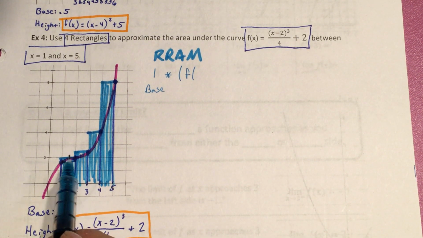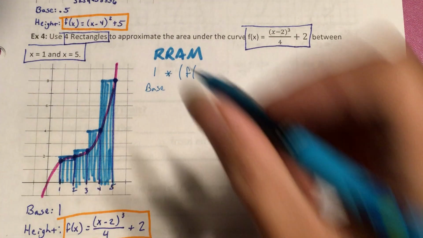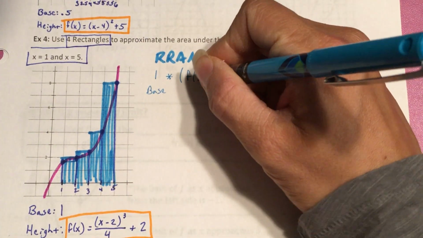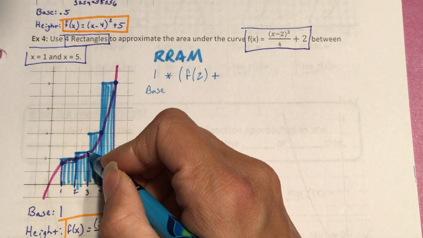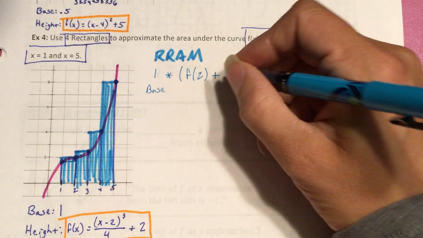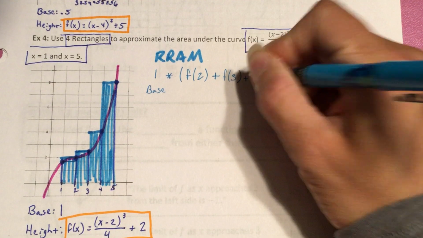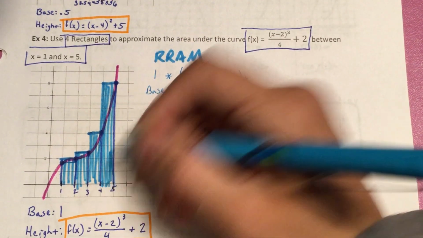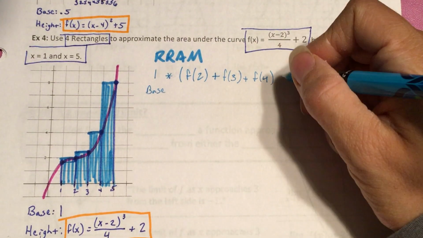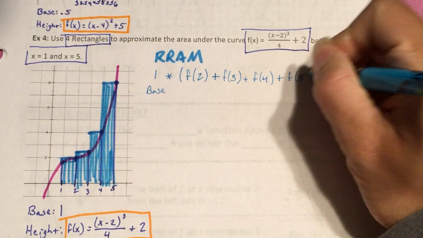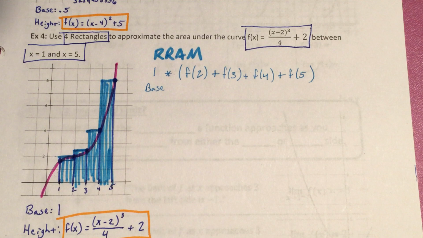So our first height actually comes from this point, which would be f of 2. Our next rectangle height comes from this point, which would be f of 3. Our next height comes from this point, so f of 4. Our next rectangle comes from this height, which would be f of 5.